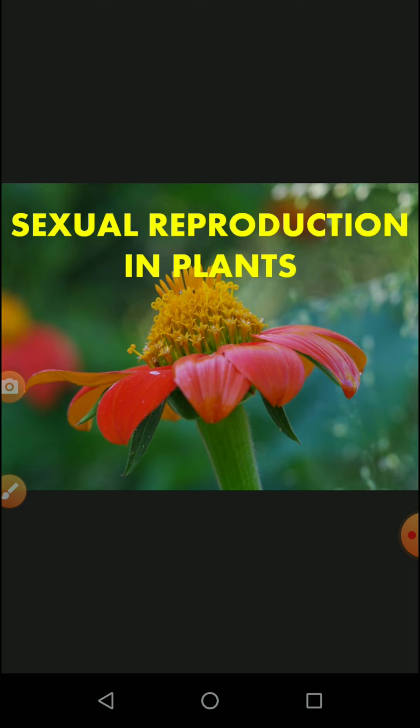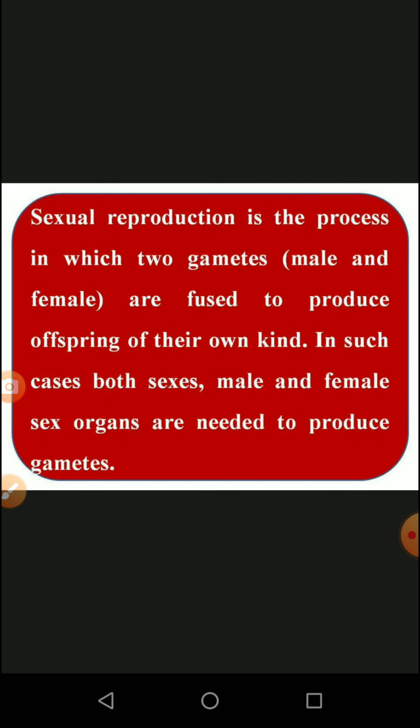Let us study about sexual reproduction in plants. Sexual reproduction is the process involving two gametes: one is called the male gamete, another one is called the female gamete. The male gamete is produced by the anther, in the form of pollen grains, like dust particles, and the female gamete is in the ovary or pistil.